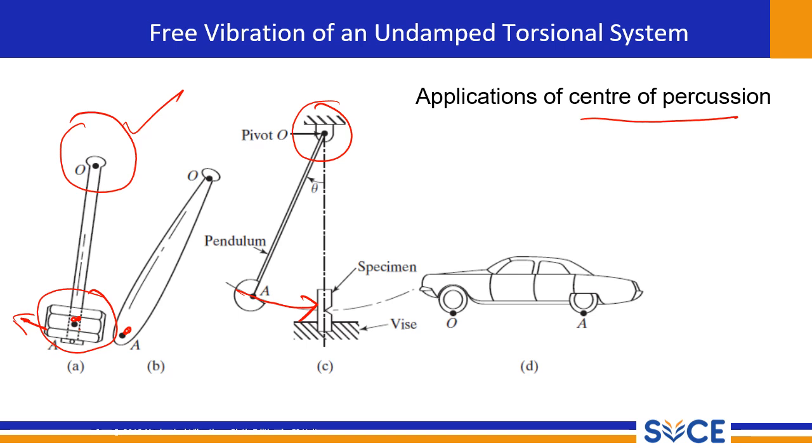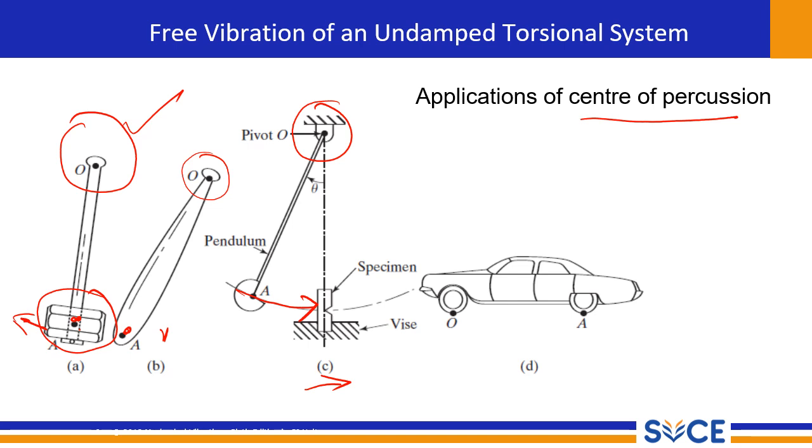For the second case, it is a bat, and A is the center of percussion. When a ball is struck on this bat, the impact force is efficiently transferred to the ball only, minimizing the shock felt by the user holding the bat at this point O. This image depicts a more technical application.